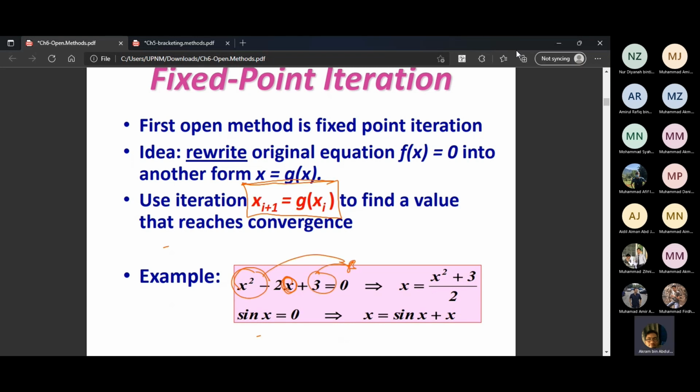So we get x squared plus 3, and then we move this 2 to the right side. So we will get equation like this. So this equation has now been written in this form of equation, where on the left side we have x and on the right side we have gx. So our gx in this case is equal to x squared plus 3 over.